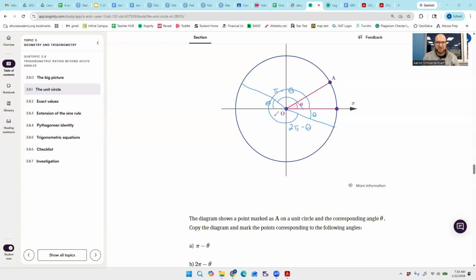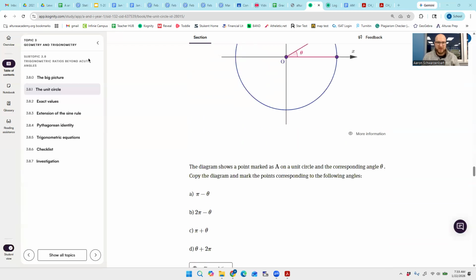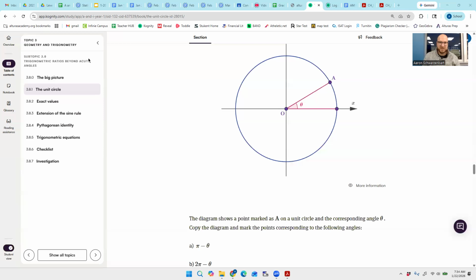Really important to be able to draw these things on the diagram. Pi plus theta and theta plus 2 pi. Theta plus 2 pi: 2 pi is a whole circle. Theta plus 2 pi is this. Pi plus theta.